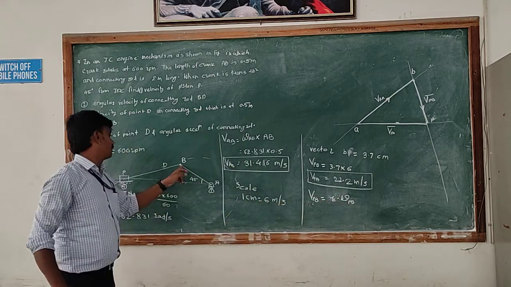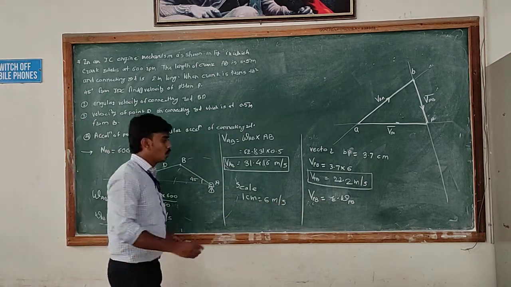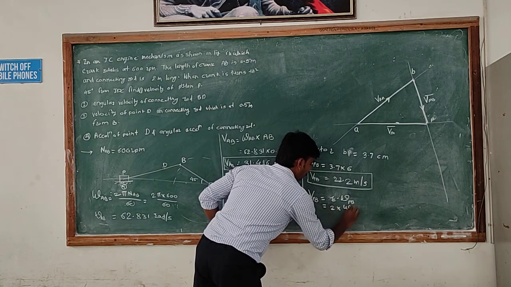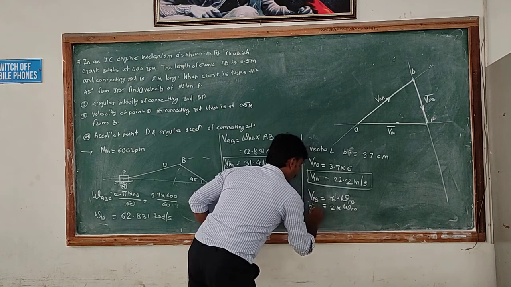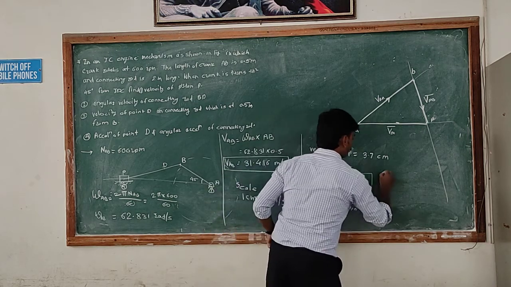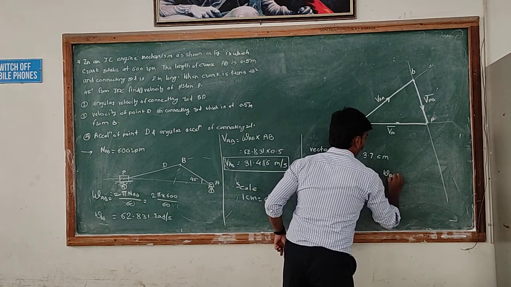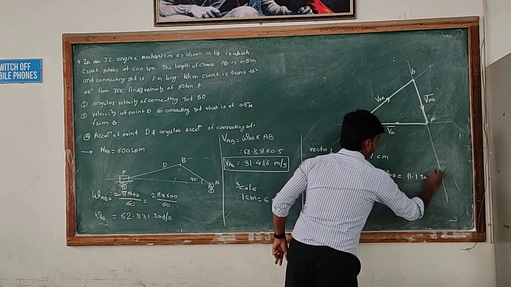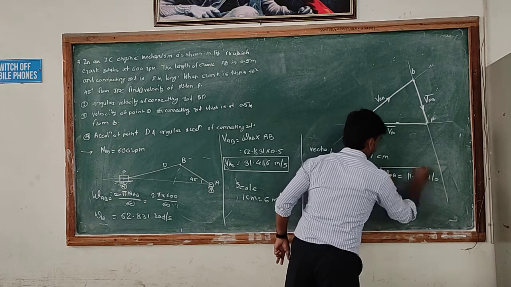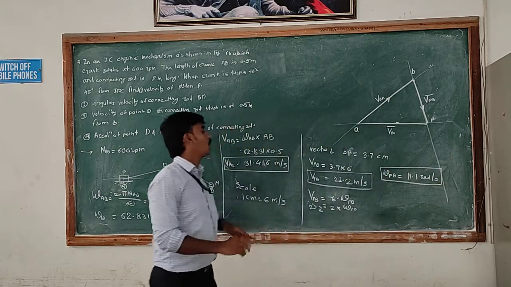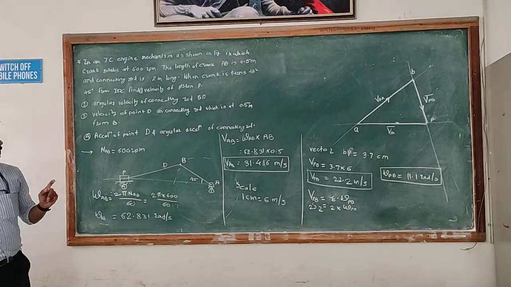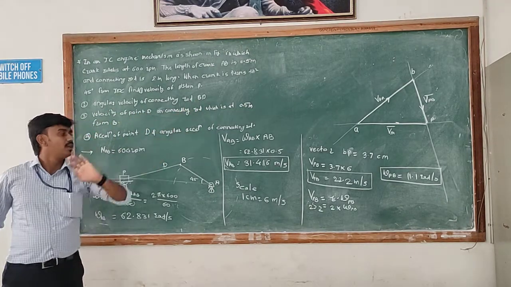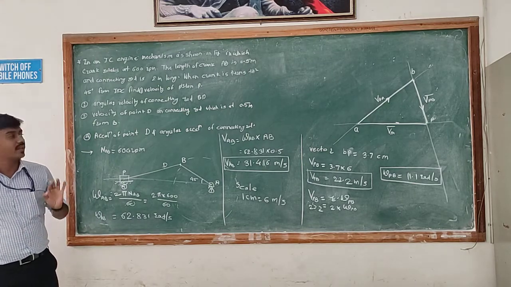The length of link BP is 2 meter, and the velocity is 22.2. So omega of the connecting rod is 11.1 radian per second. Yes, omega of link PB, the angular velocity of PB, is 11.1 radian per second.